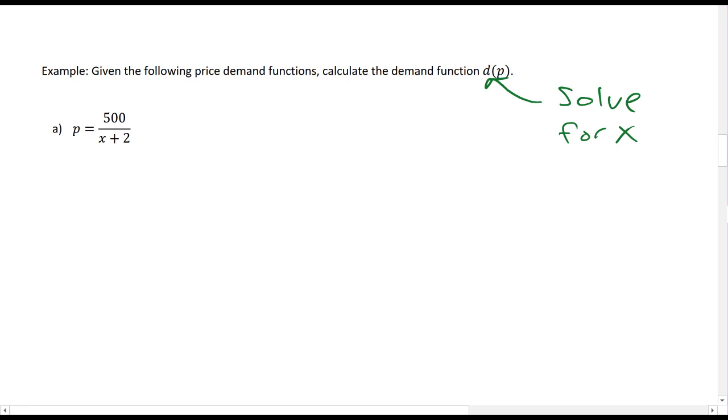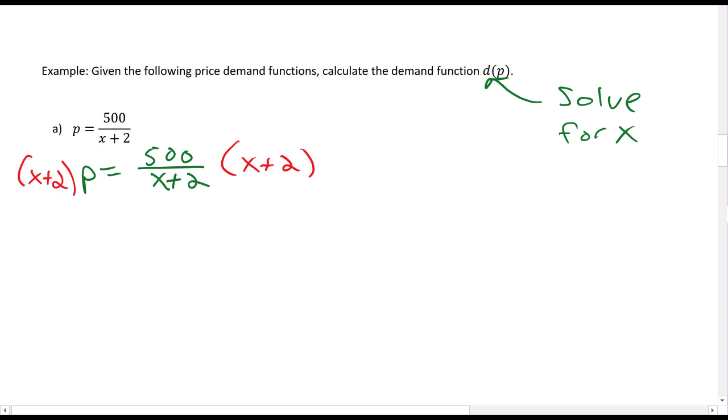Okay? Here we go. I'm just going to rewrite this. So our price function is 500 over x plus 2. Okay, I need to solve for x. So to solve for x, first of all, to get rid of a fraction, I'm going to multiply both sides by the denominator. For this, that means I'm multiplying both sides of the equation by x plus 2.